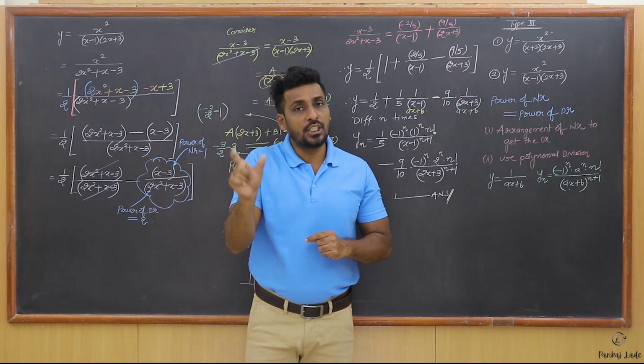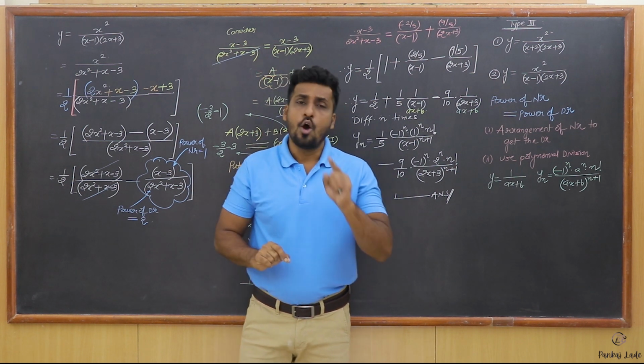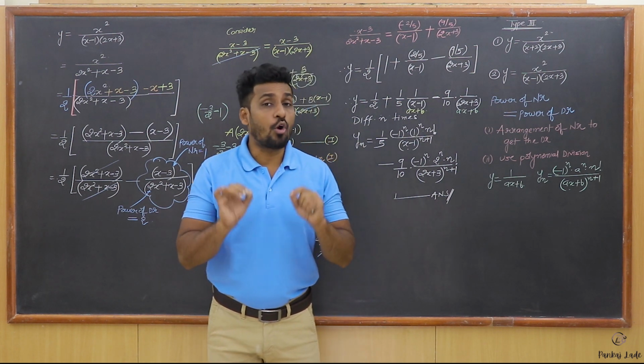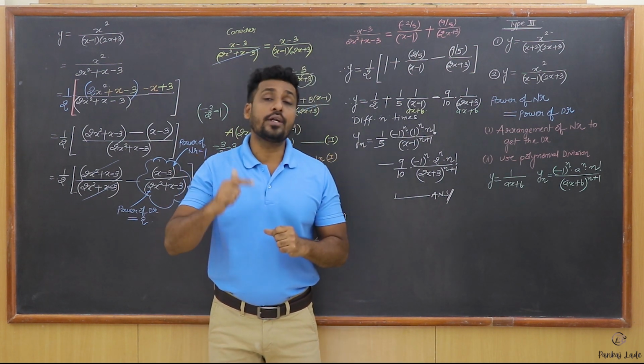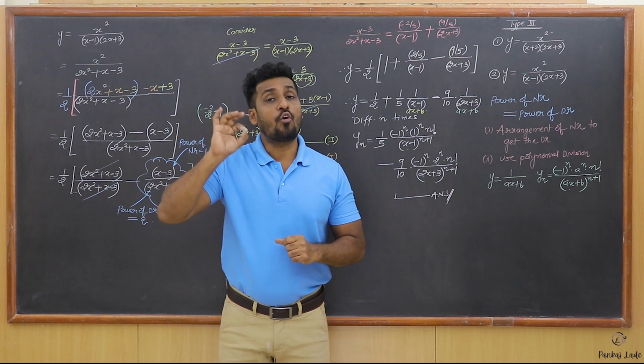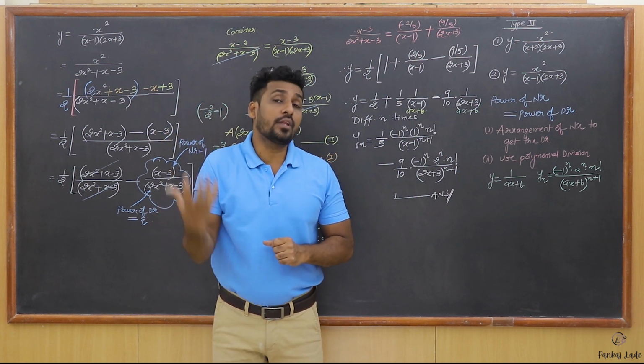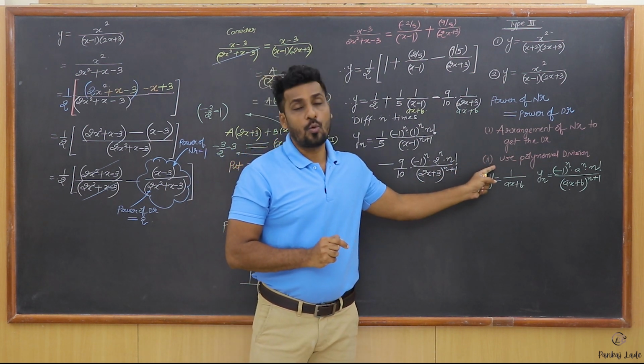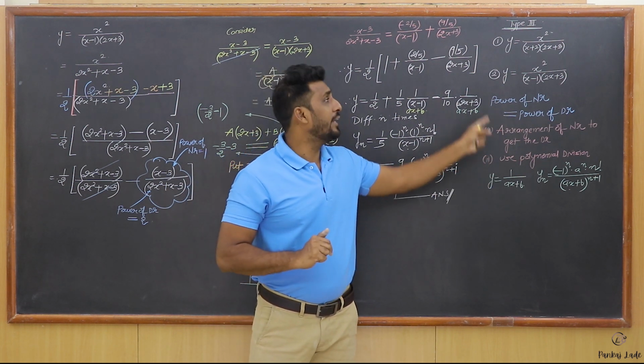This is called arranging the numerator to get the denominator. Of course, we will have the other method using polynomial division. This we are not going to learn in this particular type. We are going to take another question where the power of the numerator is going to be more than the power of the denominator. There we will understand how to make use of polynomial division, which can be used in this particular type as well.